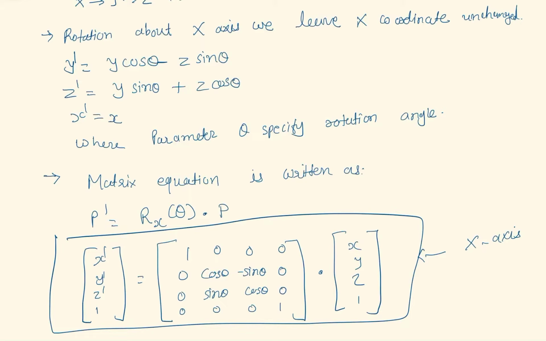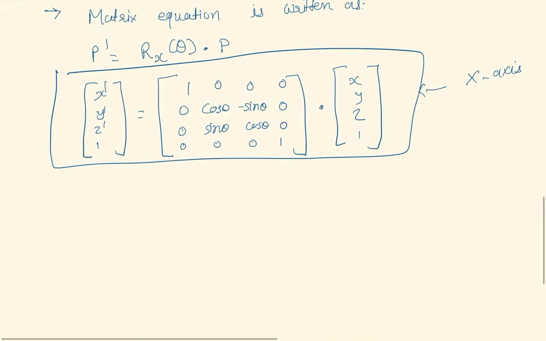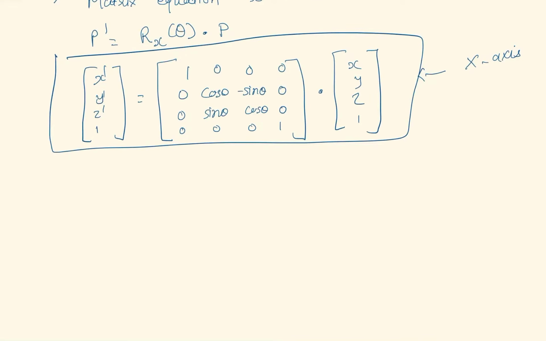Similarly, we have to obtain the matrix for y axis rotation. So what will be the matrix for y rotation? The transformation equation for the y axis is obtained from the equation of x axis rotation by replacing cyclically as shown here.